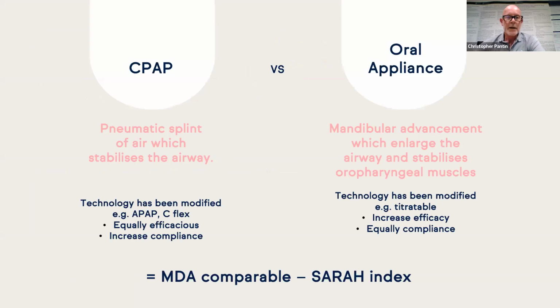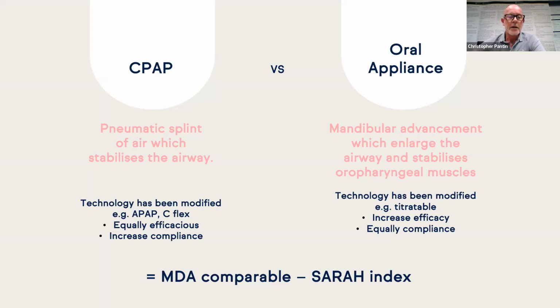Okay, so if we compare the two treatment modalities, which are the most efficacious treatment modalities for treating obstructive sleep apnea and snoring, we can compare their mechanism. Ultimately, the outcome is the same, but the mechanisms are completely different. So with CPAP, we're looking at a pneumatic splint, which stabilizes the airway by putting pressured air into the airway during sleep.